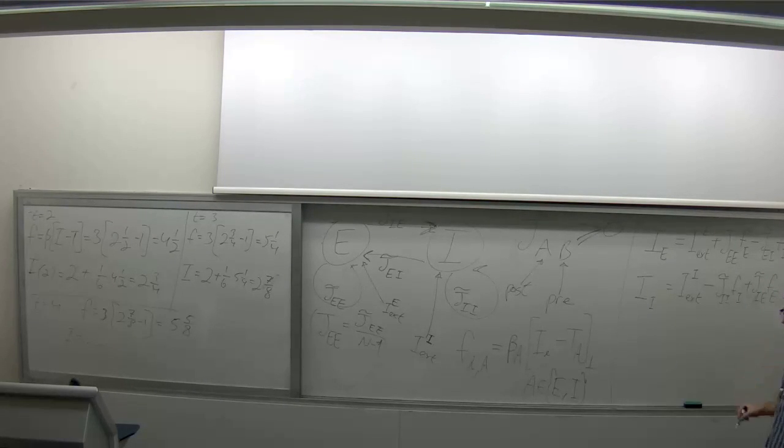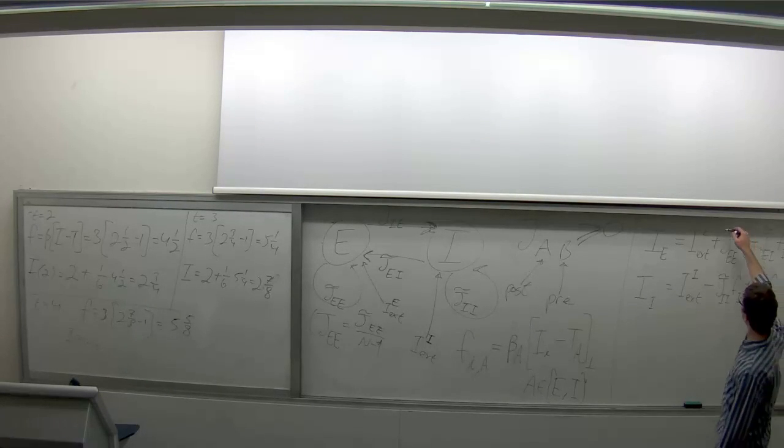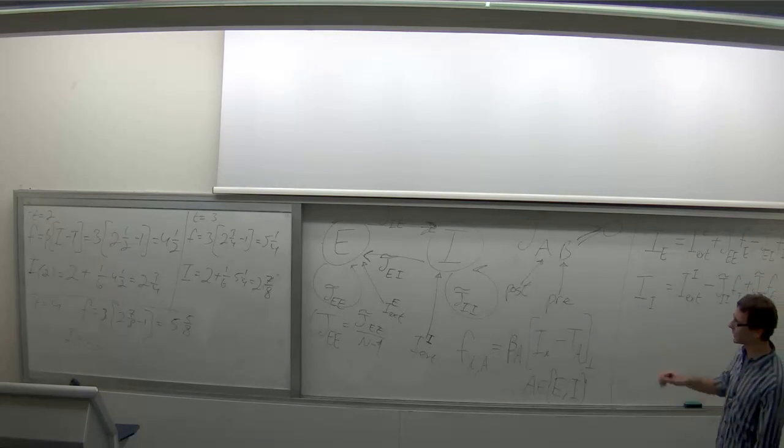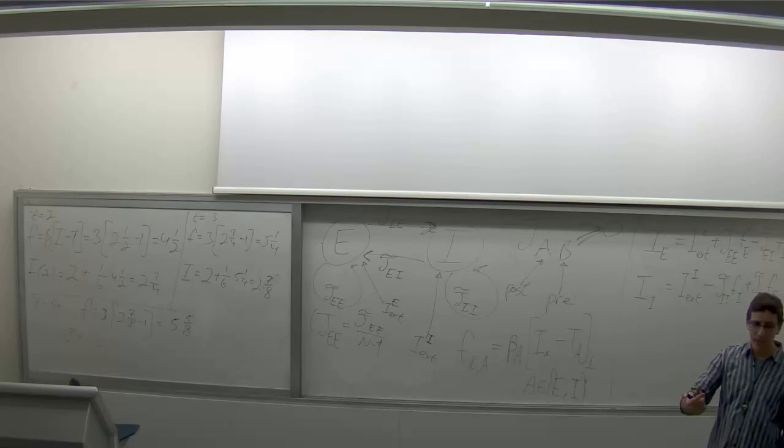And what was the question? Why is it J tilde, not just J? Again, you can call it whatever you want. When I say tilde, I mean the unnormalized value.